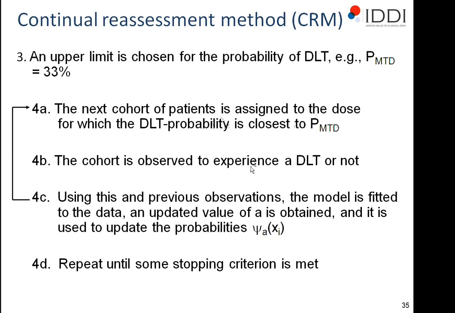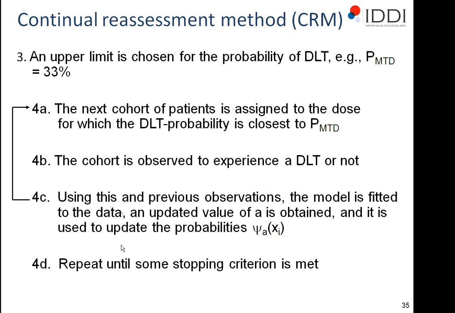Now, this cohort is observed to experience a DLT or not, and based on these data, and also using the data for the previous cohorts, the model is refitted, and the updated value of the parameter A is obtained, and then it is used to update the probabilities of the different doses, right? And we assign the dose for the next cohort of patients by looking at these updated probabilities of dose-limiting toxicity and selecting the dose for which this updated probability is closest to the target, to the 33%.